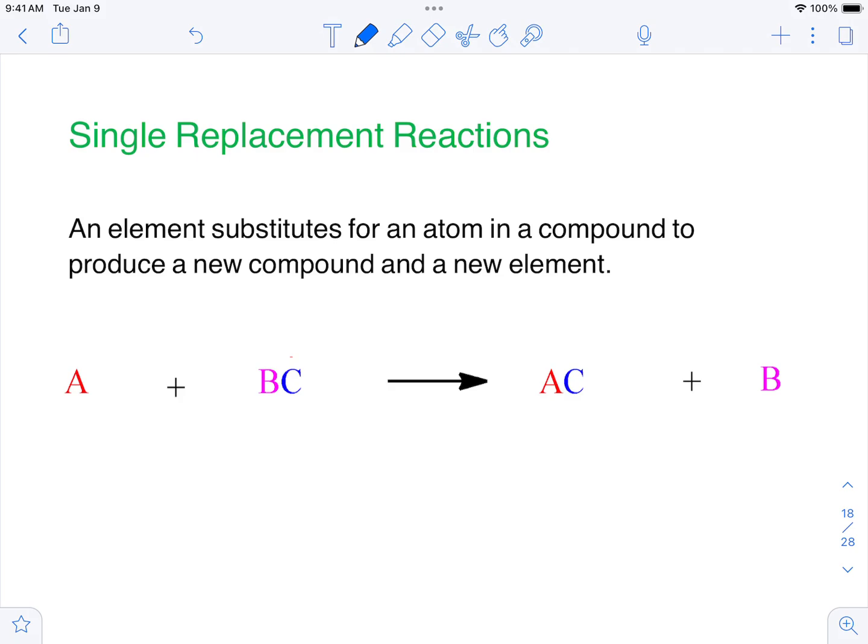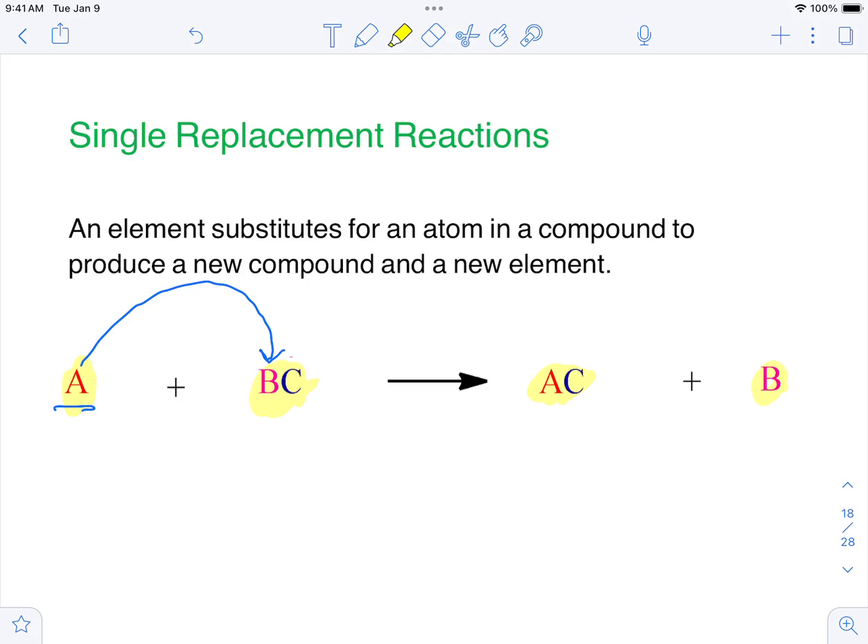A single replacement reaction. This is when you have a single element by itself, and then you have a compound with two elements. And look on the product side what happens here. What happens here is that A kicks B out of its place. So A started single, and then once the reaction took place, A is now with C, and now B is single.